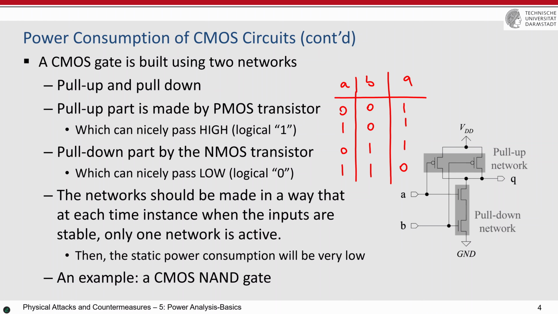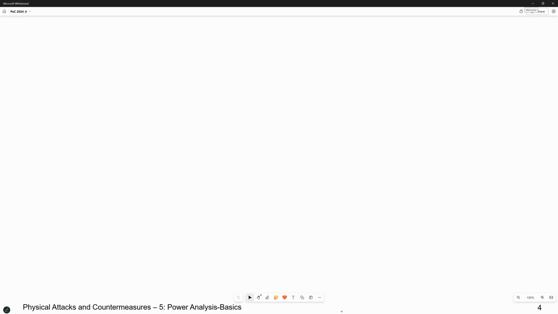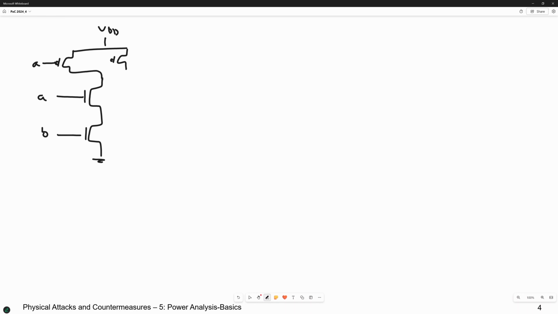But how do you build the NOR gate then? Okay, that was NAND, which was something like this. And this was VDD, A, and this was Q. That was NAND.